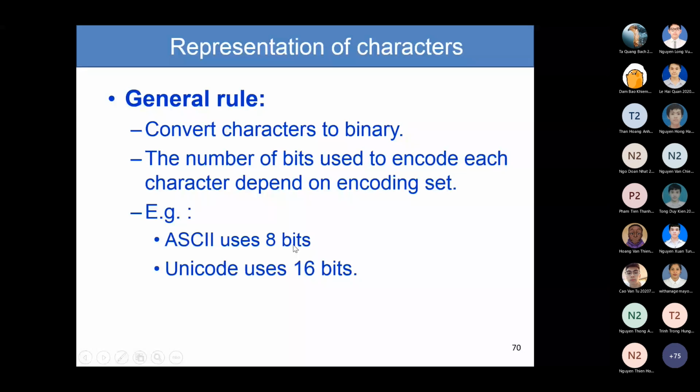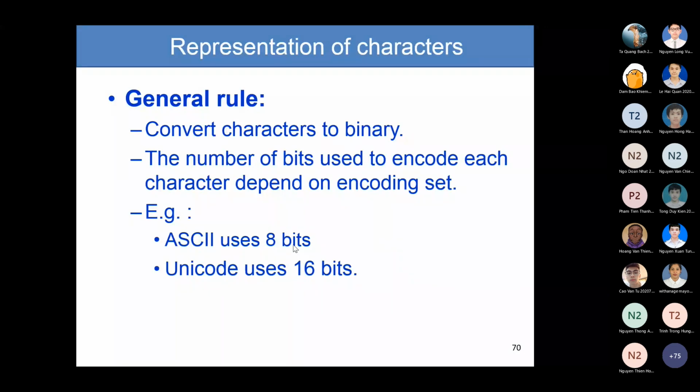So 8 bits means we can represent 2 power 8, that equals 256 characters. Because the number of characters is small, 256, we can only represent English or Latin characters. Hence we cannot represent other languages like Vietnamese or Chinese or Japanese or Russian, right?